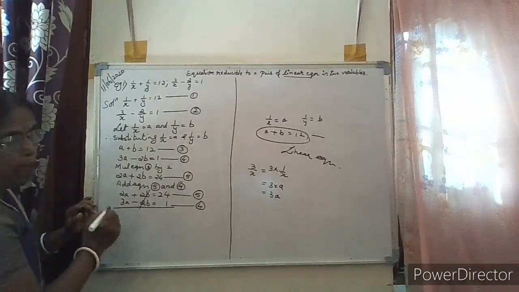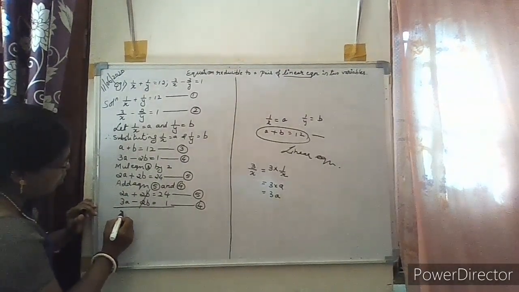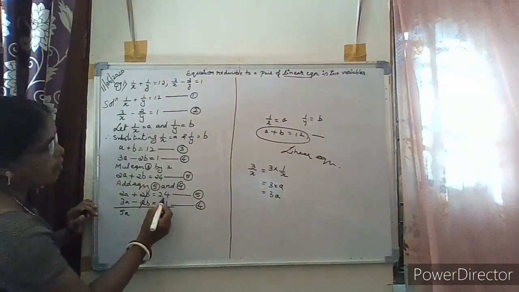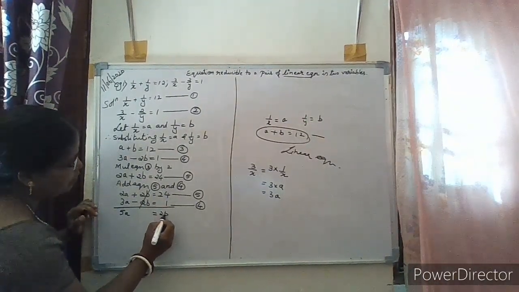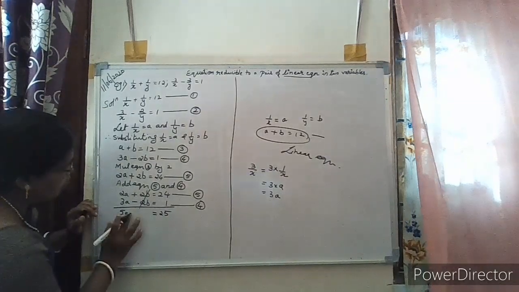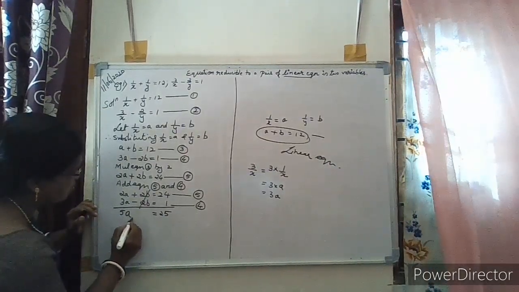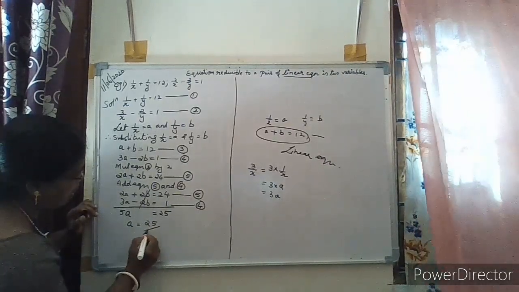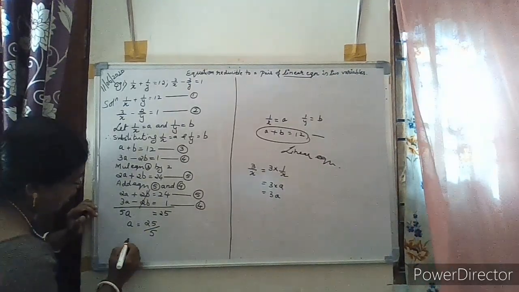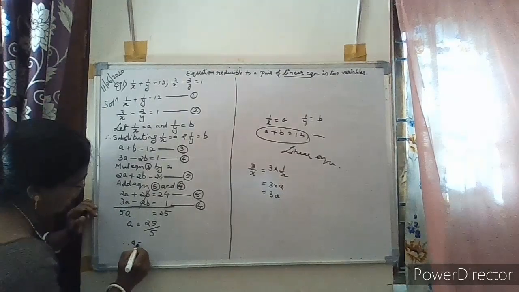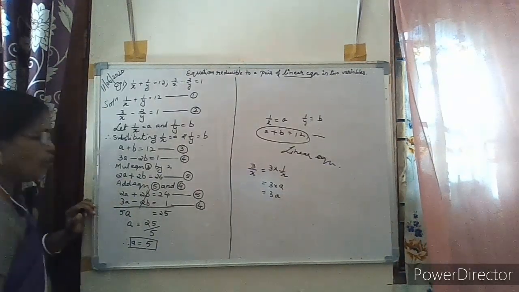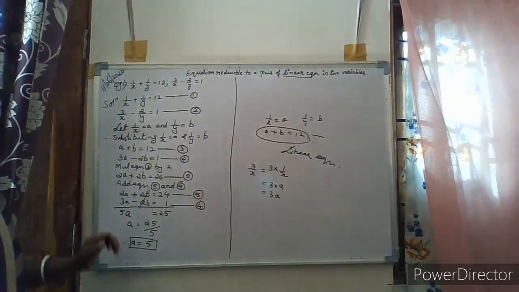So 2a plus 3a is 5a, equal to 24 plus 1, which is 25. Therefore a is equal to 25 by 5, so a is equal to 5.